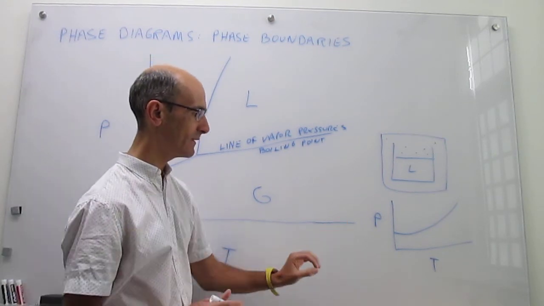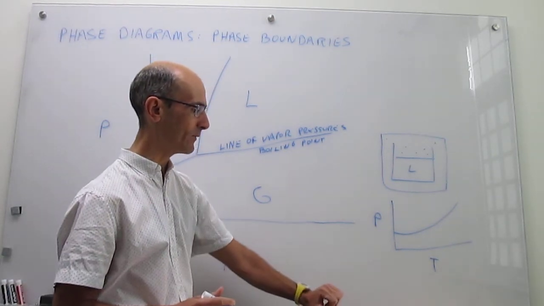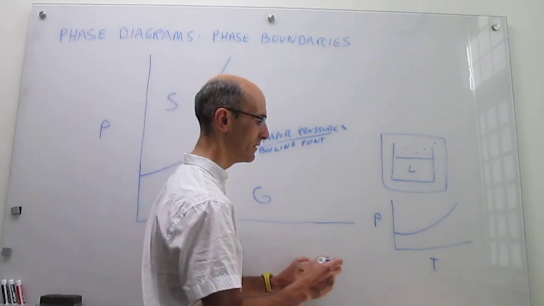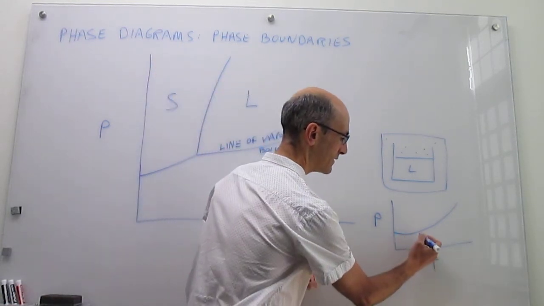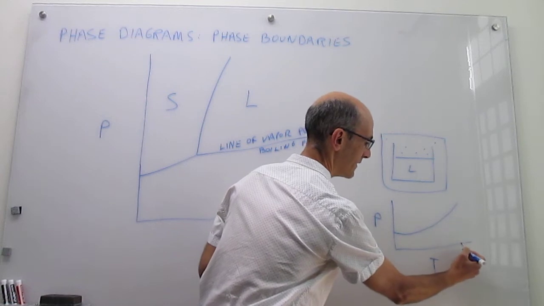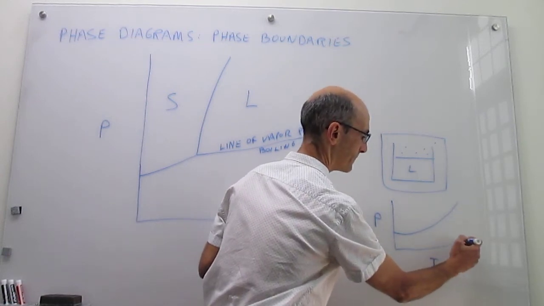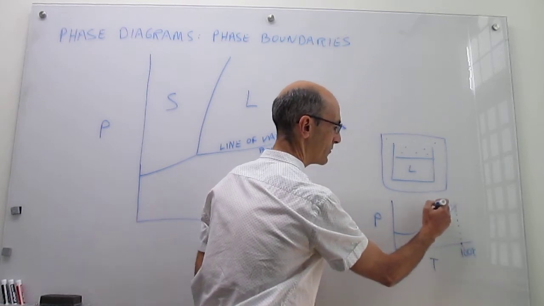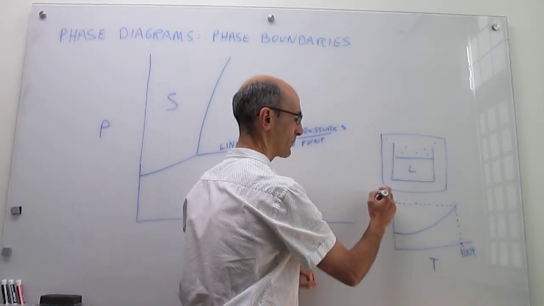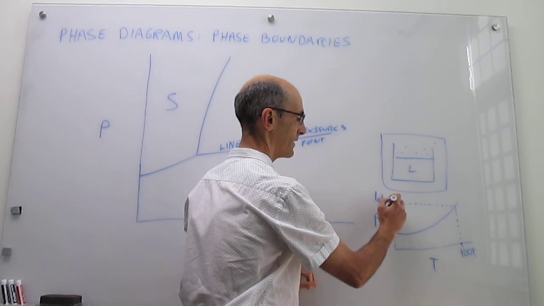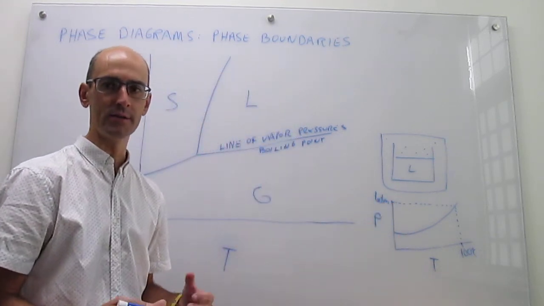Okay, so if this was the diagram for water, where you have here that vapor pressure as a function of temperature, what happens here is that the vapor pressure eventually gets so large that at 100 Celsius, that I'm going to draw right here, right, that vapor pressure equals exactly the atmospheric pressure, which is going to be 1 atm or 760 torr and so forth.